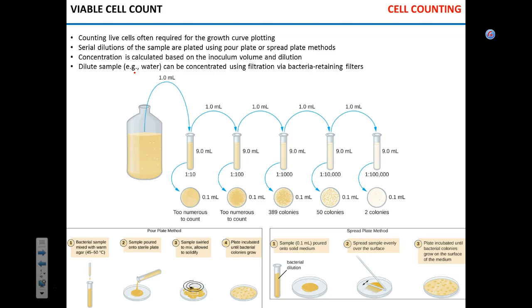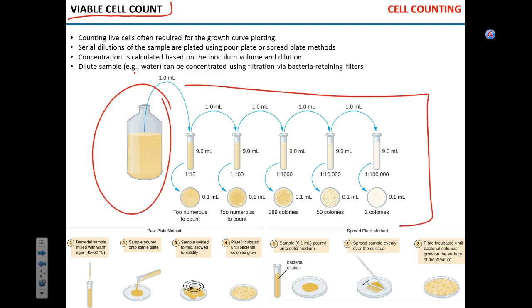Now, we talked about it, the gold standard for counting live cells is called viable cell count. Say this is your culture sample. You prepare serial dilutions, just as we did with a pour plate, remember?